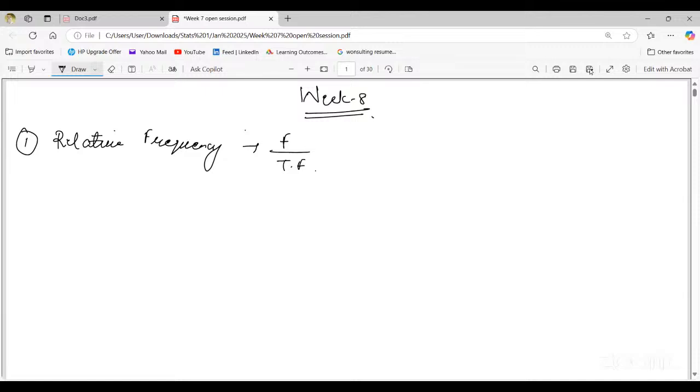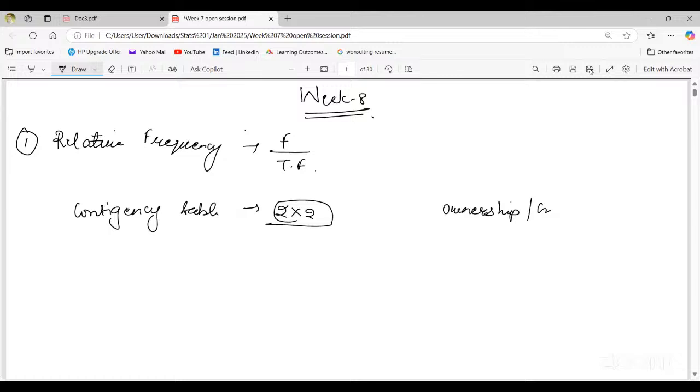And you remember the contingency table, which is basically used to summarize or represent the data in a 2 by 2 table, right? Let's take the example in which we calculate the association between ownership of a smartphone and gender.